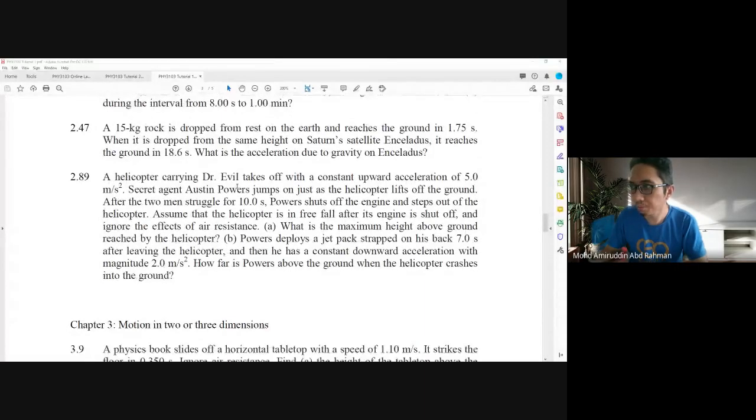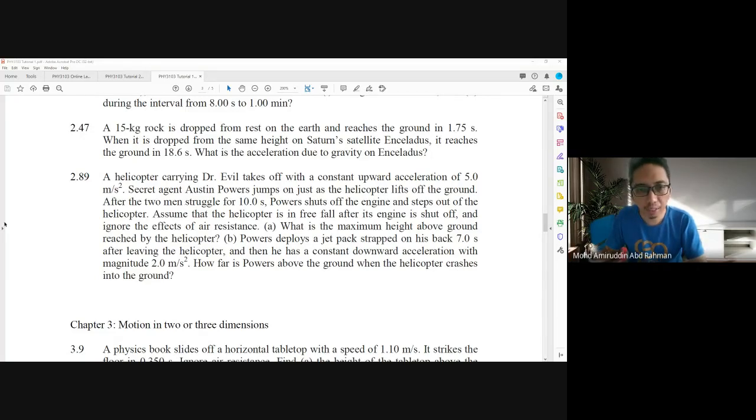For 2.89, I will give you the answer. For A, it asks what is the maximum height above ground reached by the helicopter. The maximum height is 378 meters. Okay, so that's the answer.